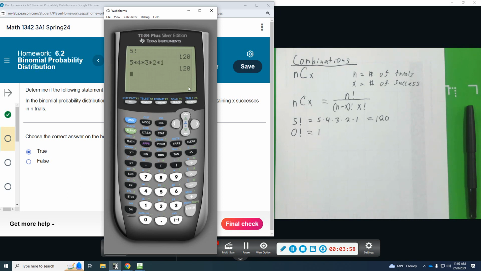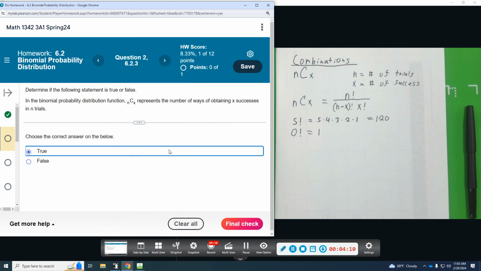That will do it for you really quickly. And if I do 0, and then I go math, and go all the way over to probability, and I do 4, I get 1. There's a little video in the bonus section that explains a little bit about factorials. If you want to check that out, that's extra credit when you see and respond to that.